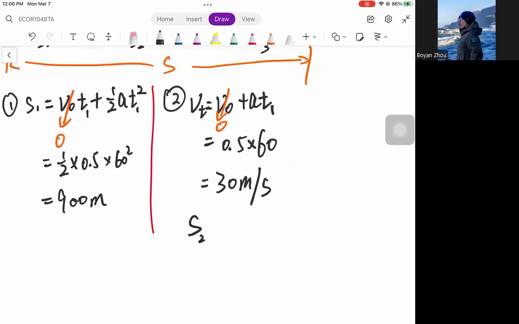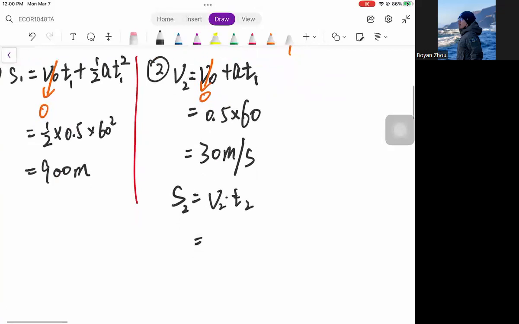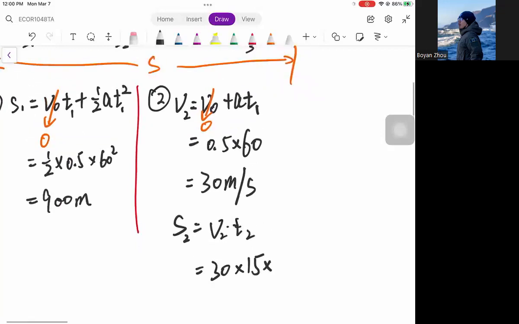So now we have the time, we have the velocity. It's gonna be easy. So S2 is gonna be equal to the speed times the time, so V2 times T2. And that is 30 times 15 minutes, and 1 minute is 60 seconds.